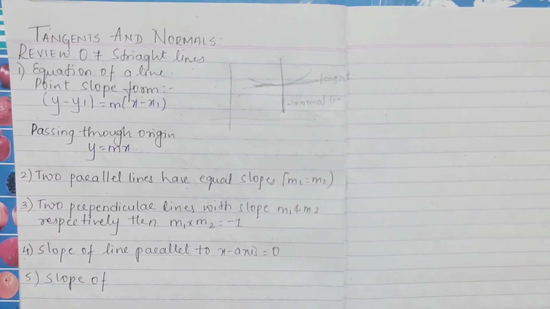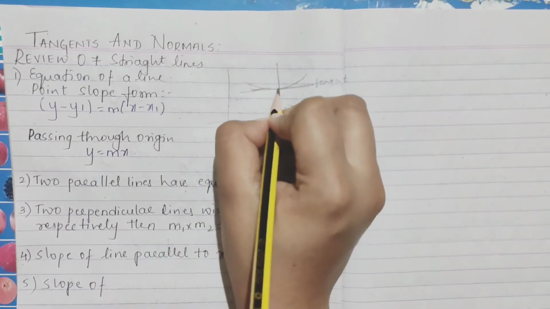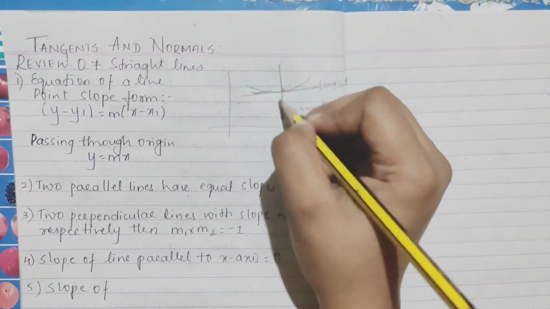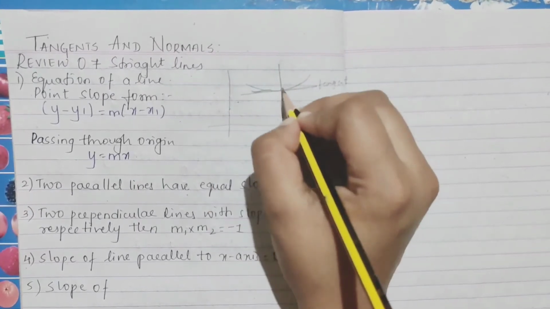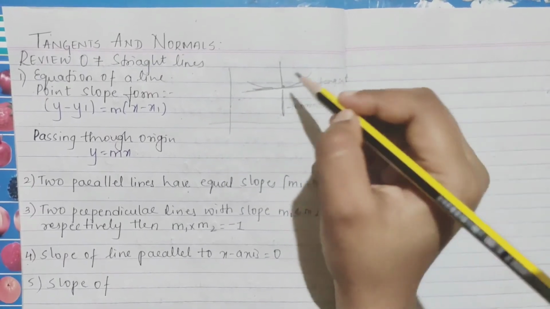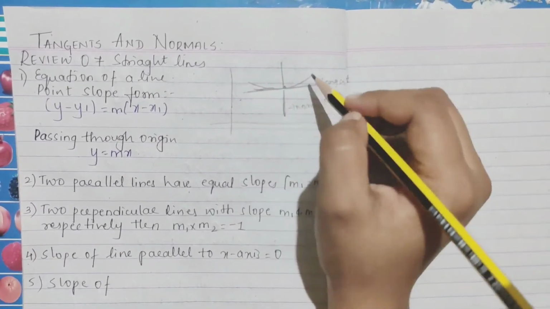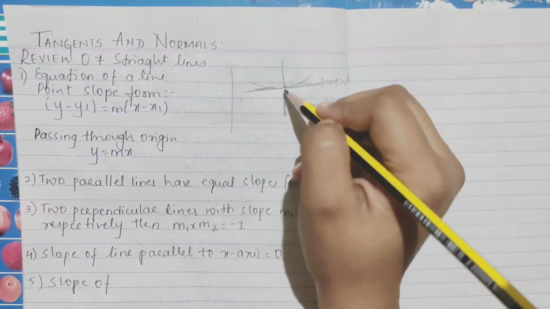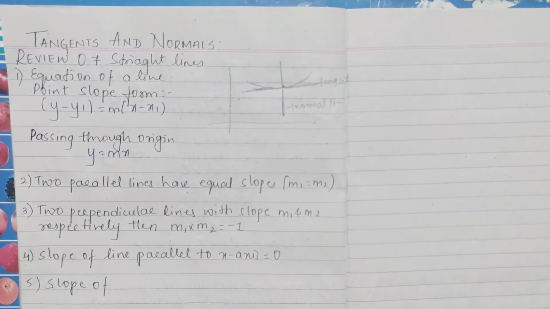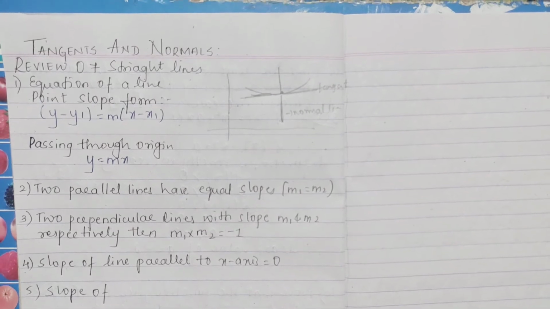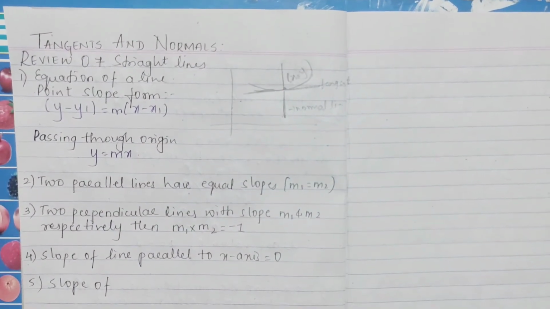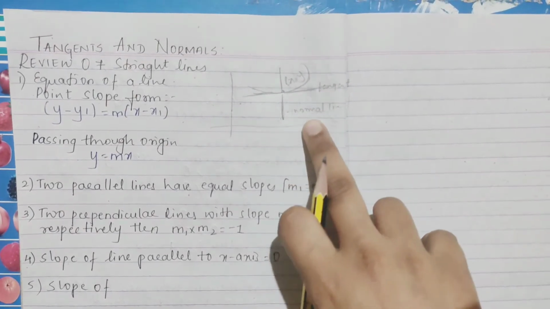Okay, this is what it means. The normal line is the line perpendicular to the tangent passing through the common point. A line drawn through a curve touching at only one point, that is called your tangent. That is the tangent and that is the normal line. This point you can take as x comma y. So we are studying the equation of this tangent and the equation of a normal line.